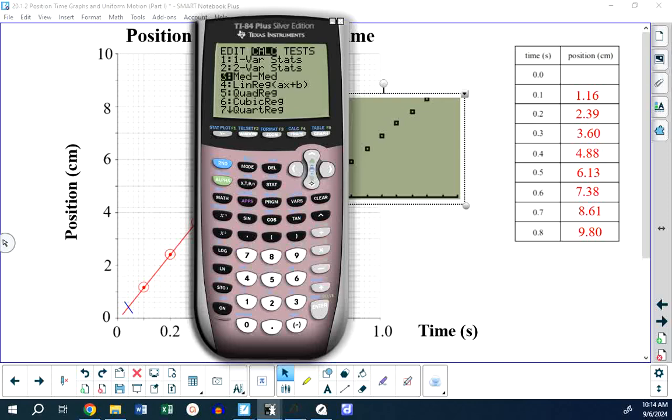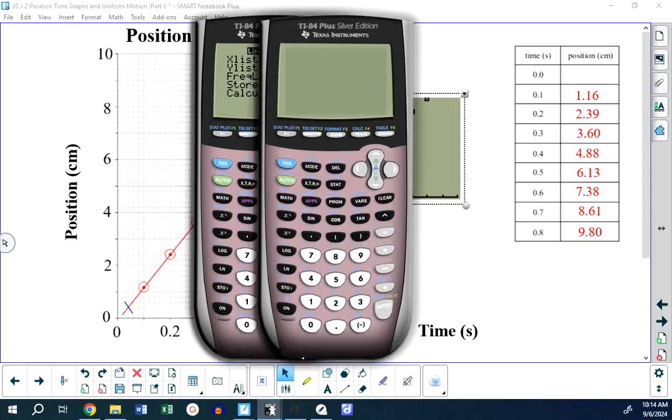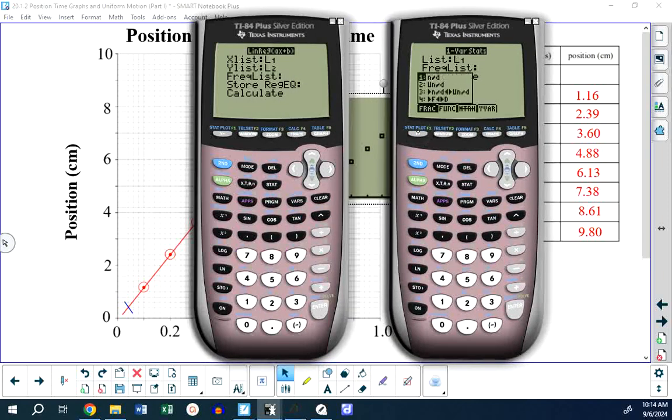Well, let me do the linear regression again. But where it says store, that means regression equation, I'm going to tell the calculator to put it in. I'll use my other calculator to show you. I want to take the equation that it gets and I want to pop it in here.